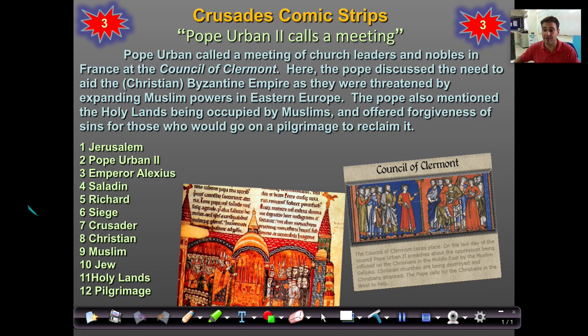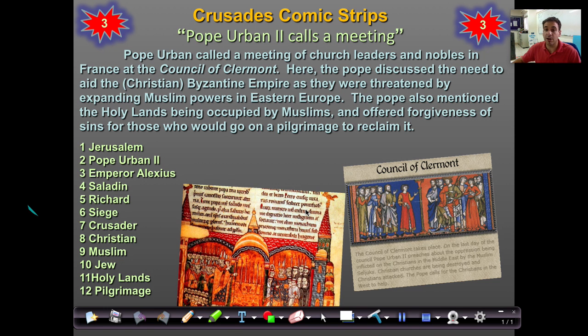Okay, next slide. So, Pope Urban II. Pope means it has to be the Roman part, so the western half of the Roman Empire. He calls a meeting of church leaders and nobles in France. This is the Council of Clermont. Very, very famous.